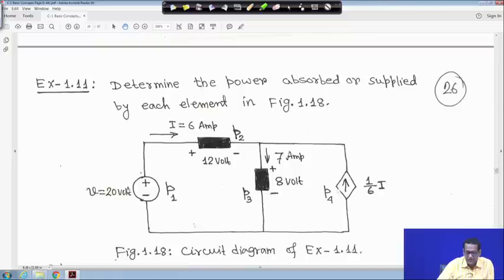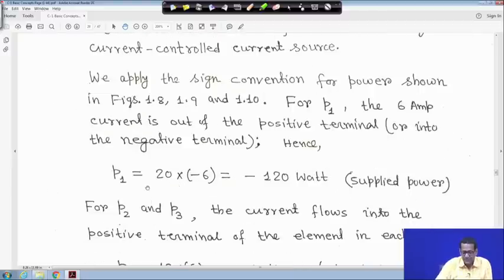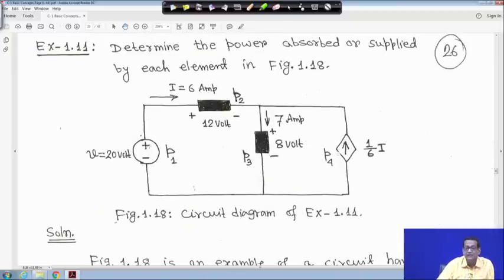Therefore, P1 will be minus 20 into 6. So, minus 120 watt, that is the supplied power. Whenever current is leaving the plus terminal, it should be minus, I told you earlier, that is power supplied.